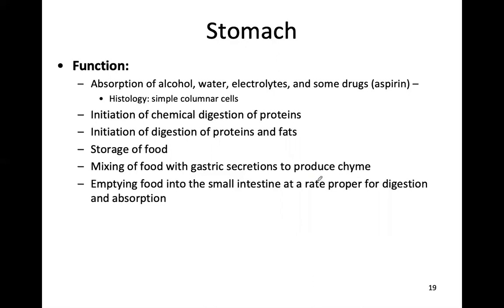You have the main mechanical digestion of your food. So let me add this, I don't have it specifically here. So you have mechanical digestion of all food groups. And this is through the action of churning, right?